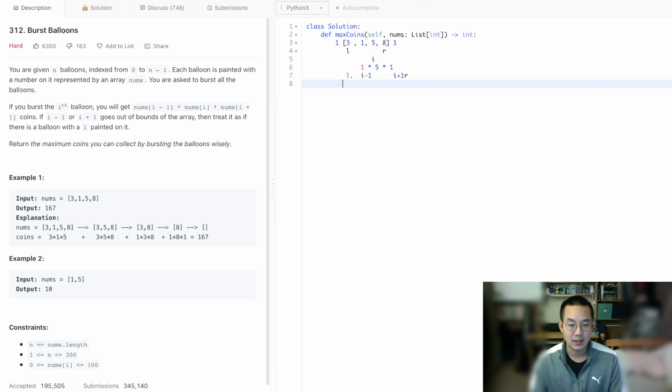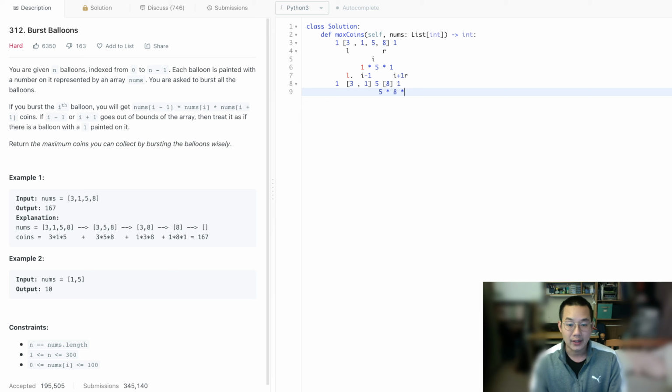With that, we have 3 and 1, and we still have 1 here. And we have a 5 here, and we still have an 8 and a 1 here. With that, we still can get our 5, 8, and 1.